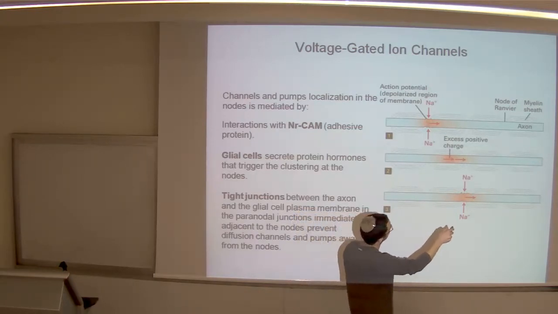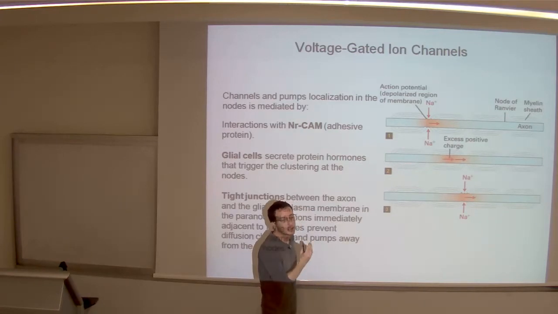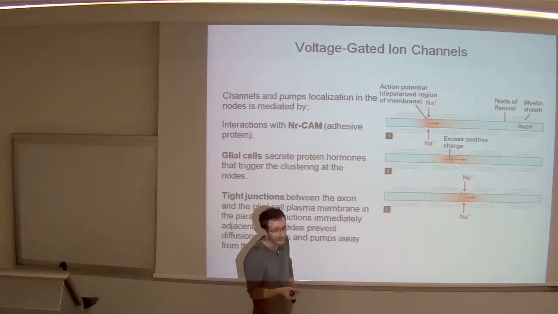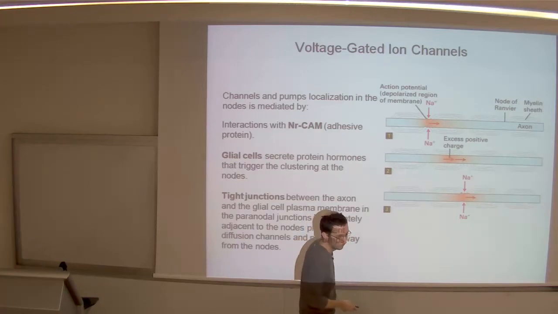Okay? So these are the nodes of Ranvier, and in these nodes, you have high concentration. This is where the voltage-gated sodium and potassium channels are really concentrated. There are no voltage channels along the covered regions of the myelin sheath.